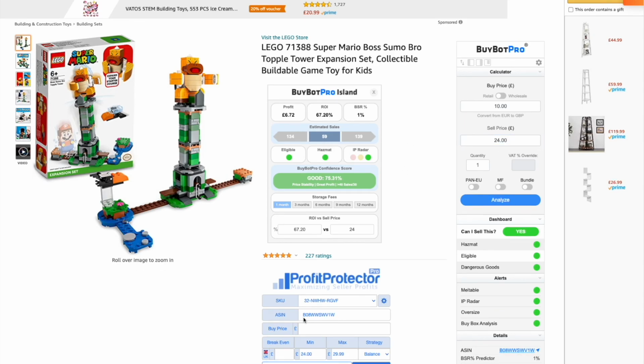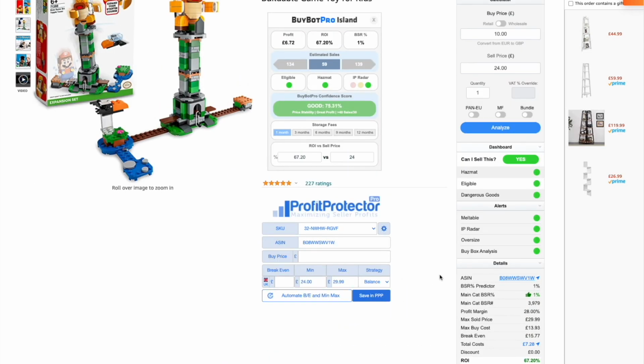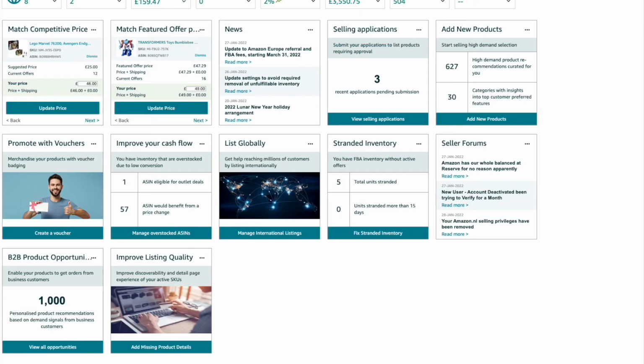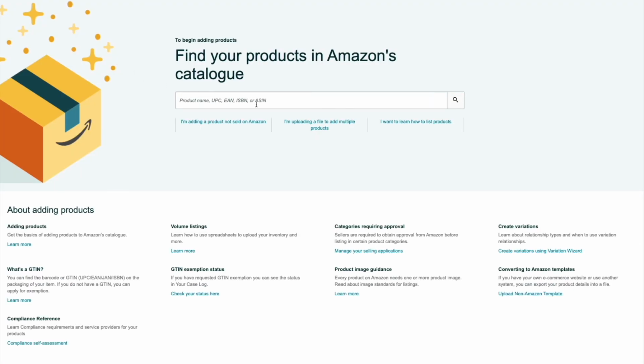We're looking at the ASIN, we're looking at maximum and minimum prices. When scanning items, I use my phone to scan them. But if you go on your inventory and want to add products, you can also add your products that way into your Amazon store. You type your ASIN in, it'll search it.